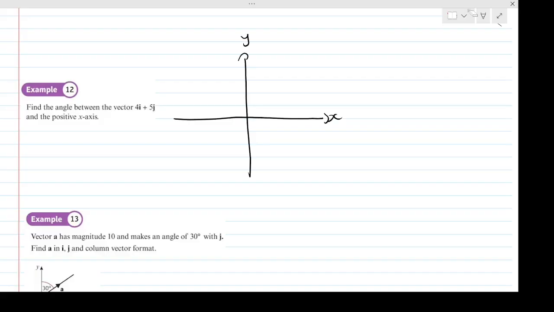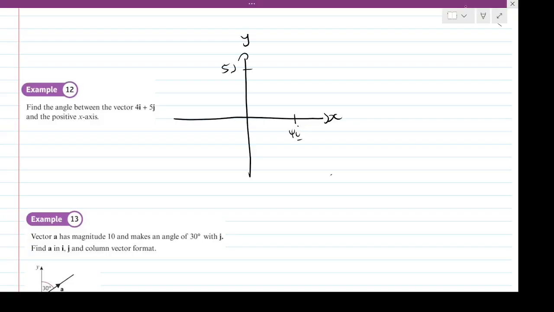So 4i and 5j means I go 4 across, then 5 up, and therefore the point is there, so my vector is going to be there. That's my vector. Then the angle between it and the positive x-axis, the angle theta there. So I just need to find that.